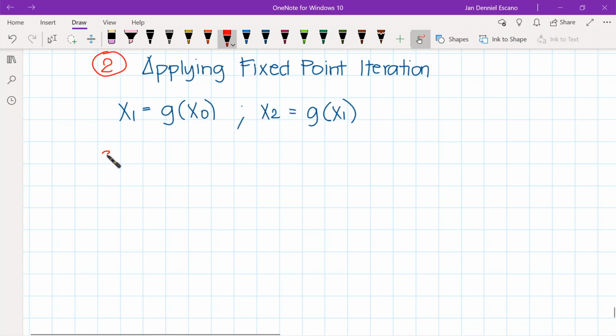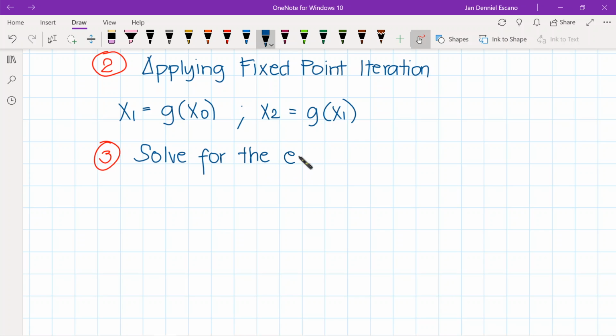The next step is we solve for the equation using the Aitken's delta square method.